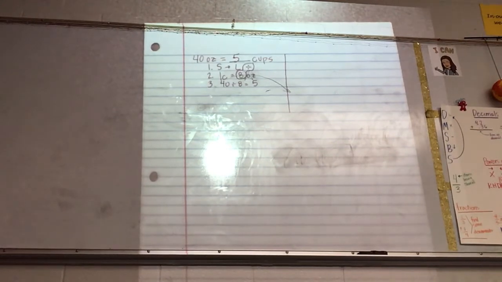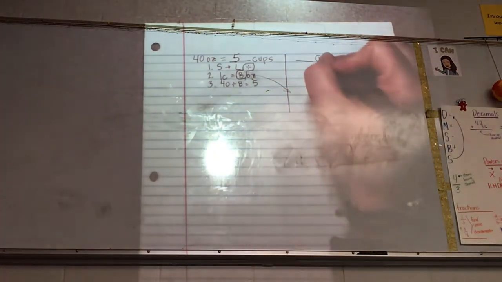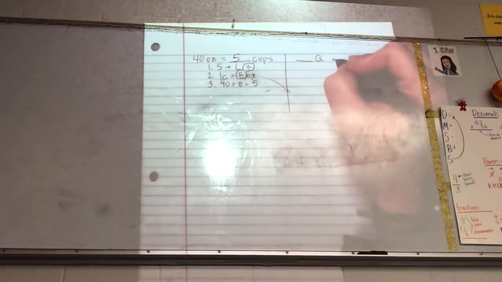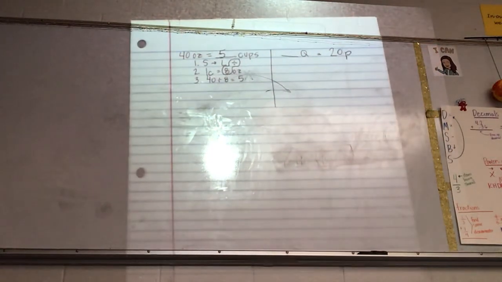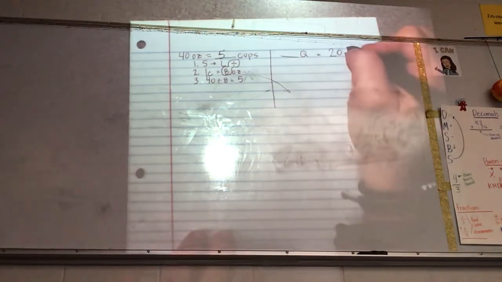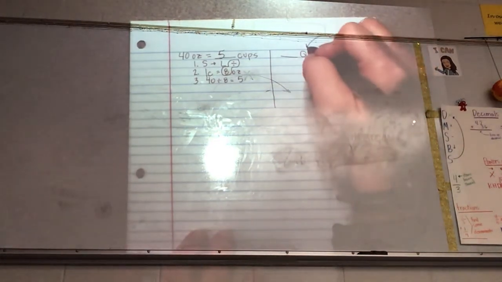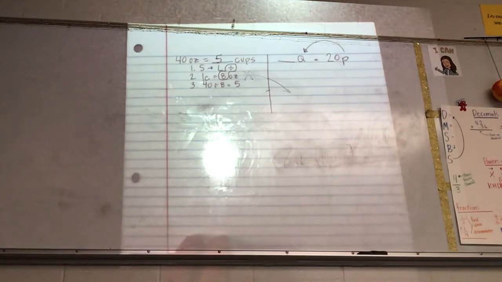All right? Next one is how many quarts are there in 20 pints? How many quarts are 20 pints? Remember, if you don't like looking at it that way, flip it. But you are figuring out how many quarts there are in pints.